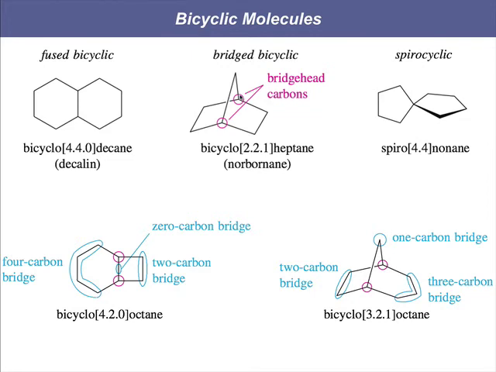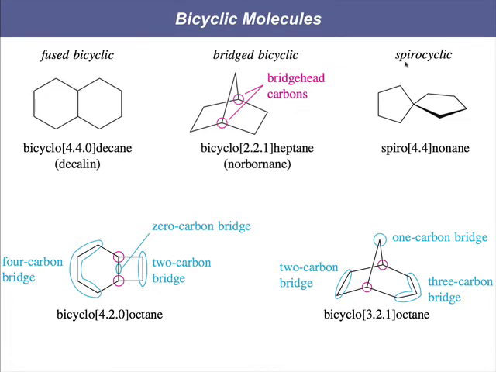So the 6-membered ring is along the bottom, kind of the base of this structure. But look here, there's a 5-membered ring. 1, 2, 3, 4, 5. There's a 5-membered ring that bridges the 6-membered ring. That's a bridged bicyclic. And we call these carbons right here bridgehead carbons. They are the carbons that have the bridge on them.